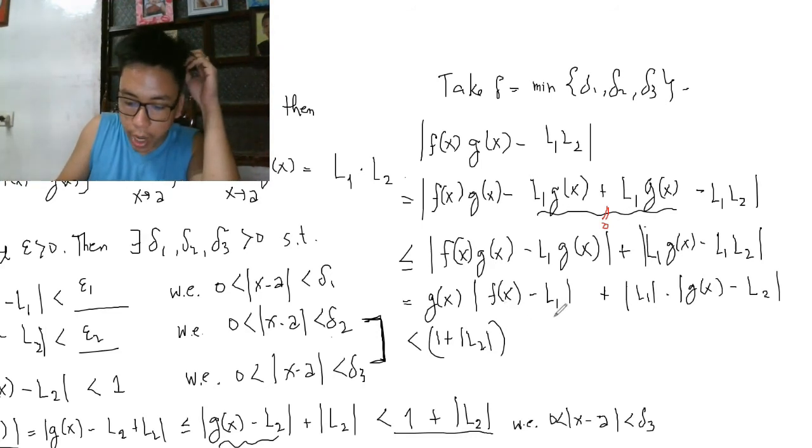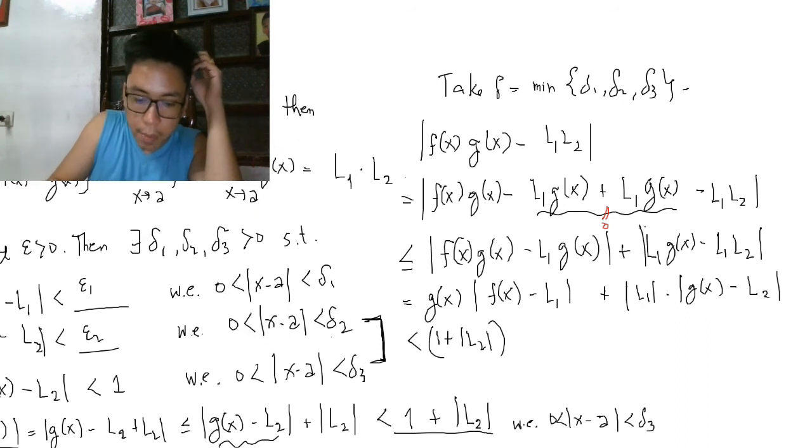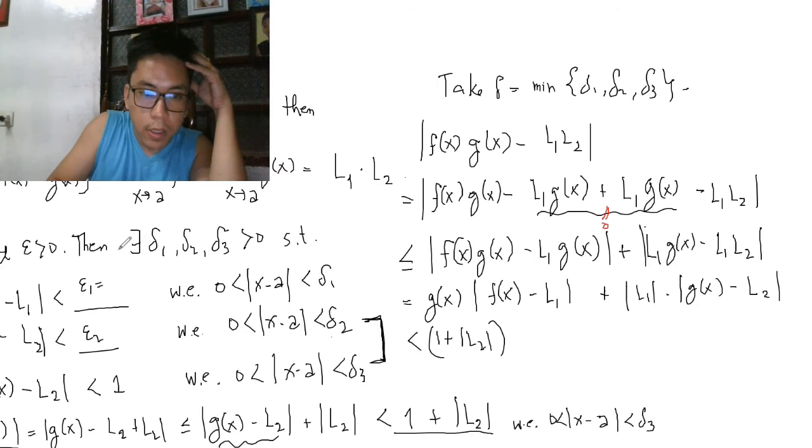So therefore, I would know that my epsilon 1 here is technically epsilon over 2 times 1 plus the absolute value of L2.